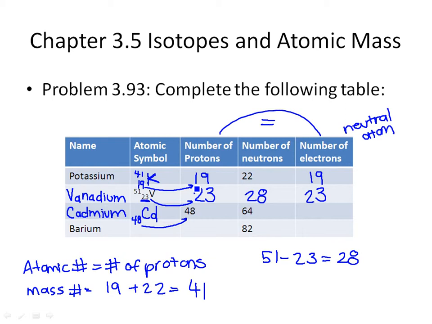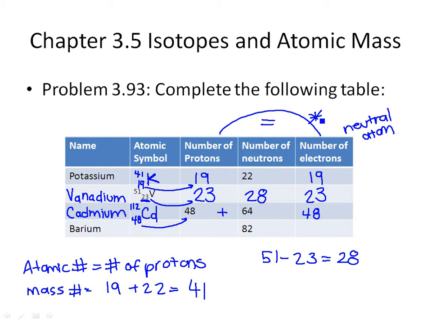And then we also have our number of neutrons, so we can add up protons plus neutrons. 48 plus 64 is going to give us 112. If we know our number of protons, then we also know our number of electrons, because these are equal, like we stated above.